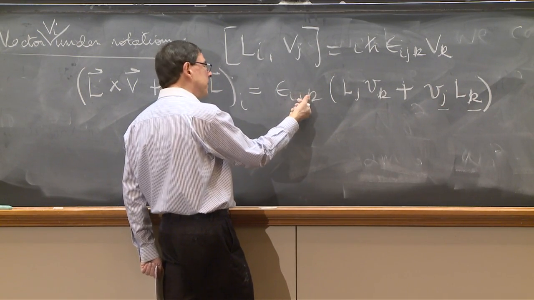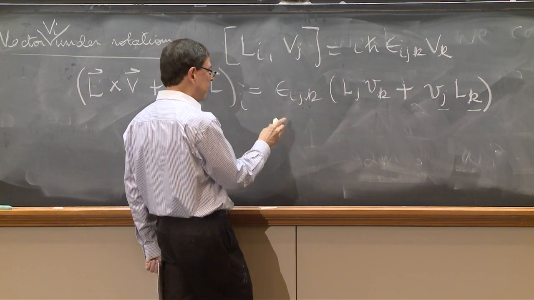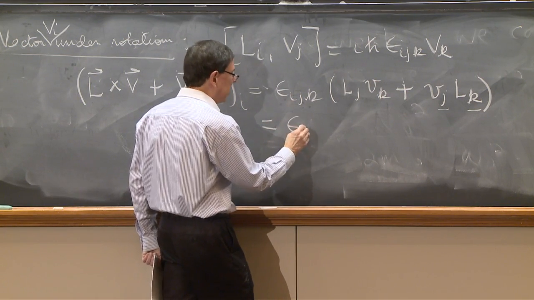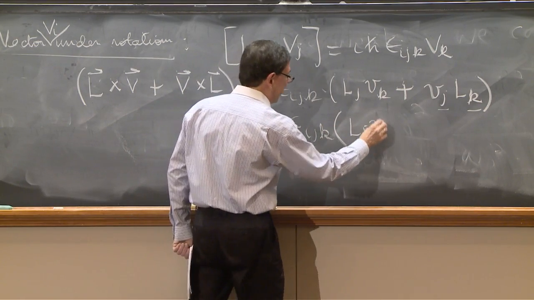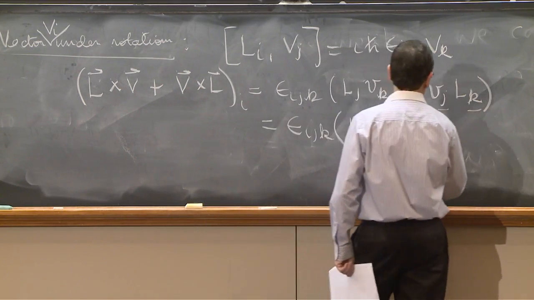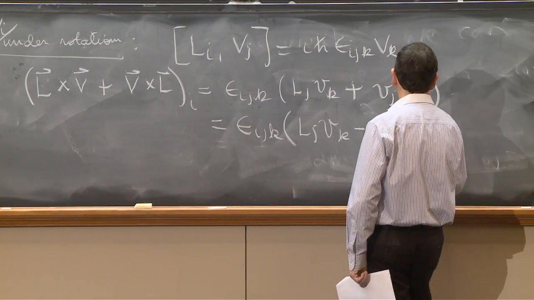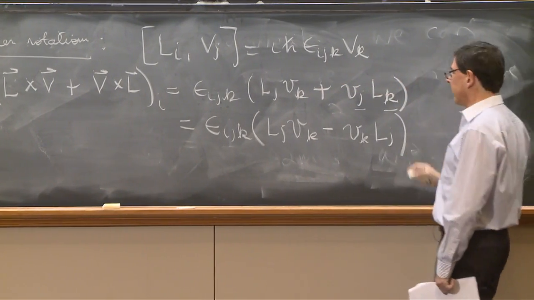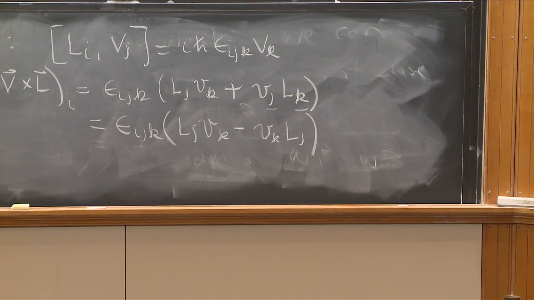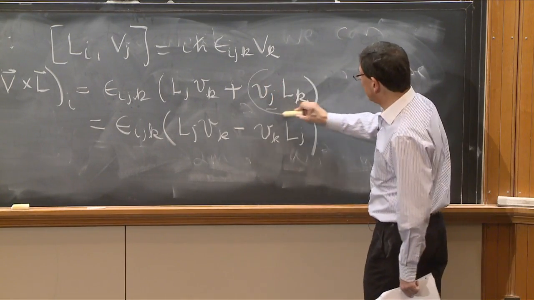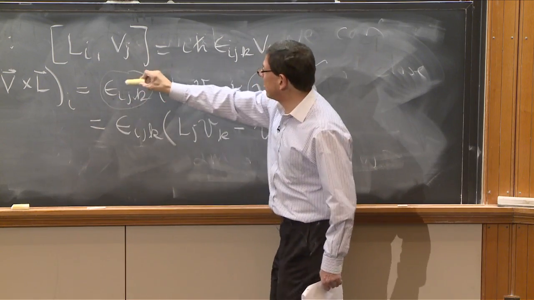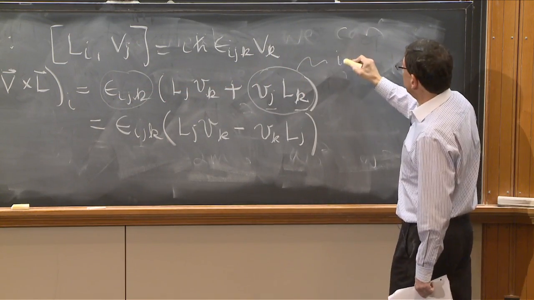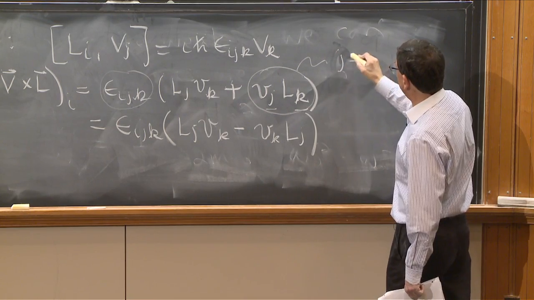But this order can be changed up to a cost of a minus sign. So I claim this is epsilon i j k, the first term is the same, minus V k L j. So in the second term, for this term multiplied with this, of course, we've done j and k relabeling.